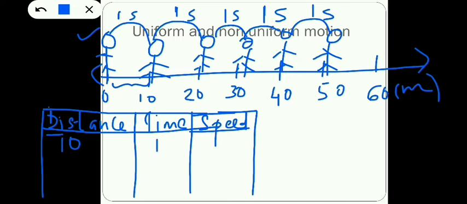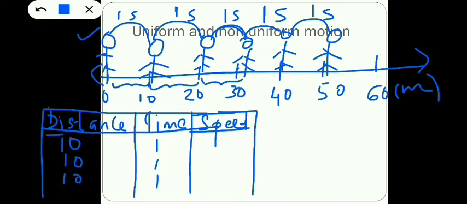Now, within another 1 second, what is the distance traveled? Distance traveled is from 10 to 20. So what is the total distance? 20 minus 10. Again, it is 10 meter. Again, for another 1 second, what is the distance traveled? 20 to 30 means again it is 10.